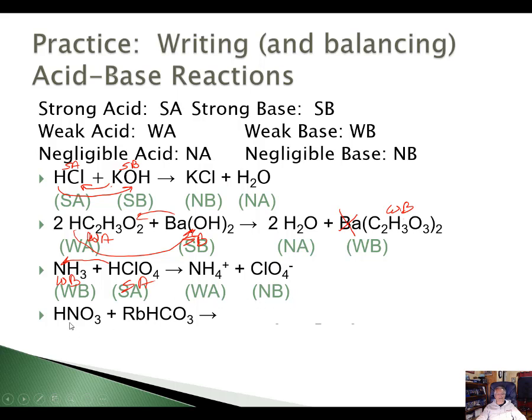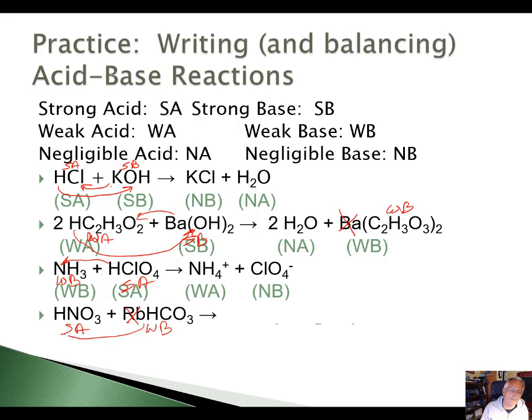Last but not least, you've got nitric acid. Nitric acid is a strong acid. Don't worry about the rubidium ion. It's going to be inert in this reaction. This is the bicarbonate ion. This is a weak base. And weak bases want protons in the Bronsted-Lowry sense.